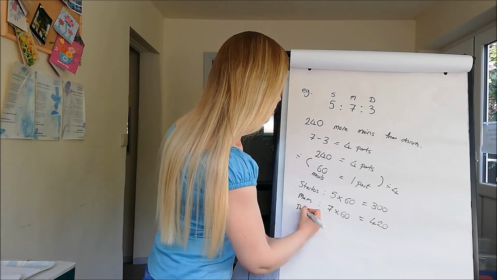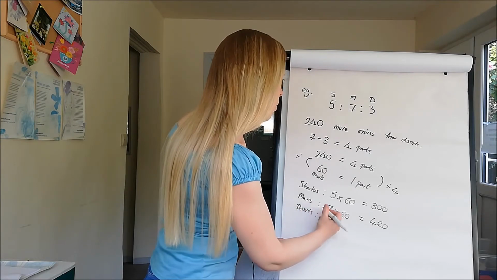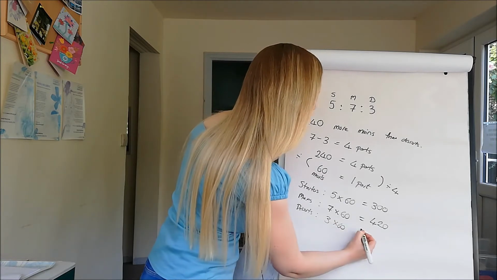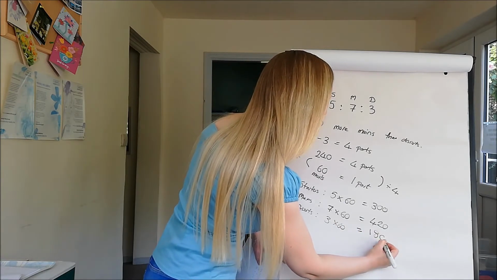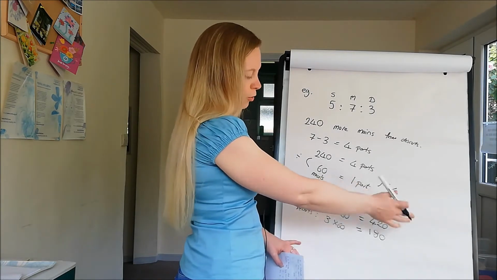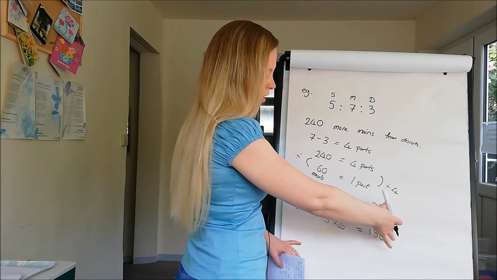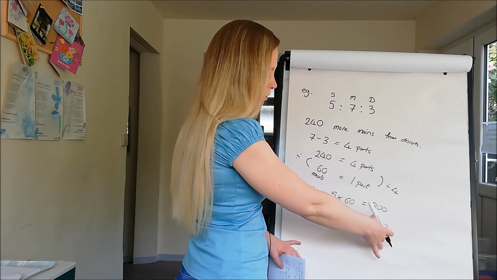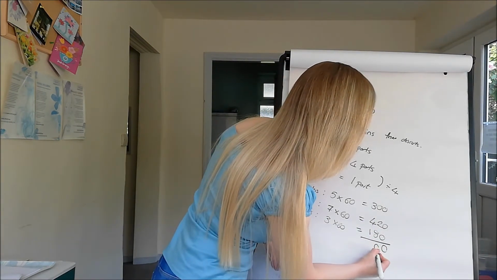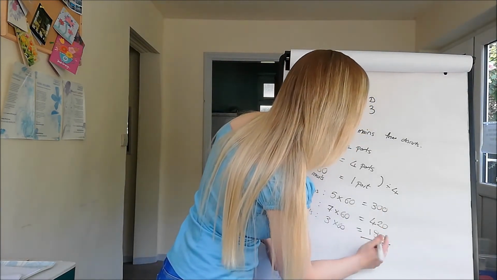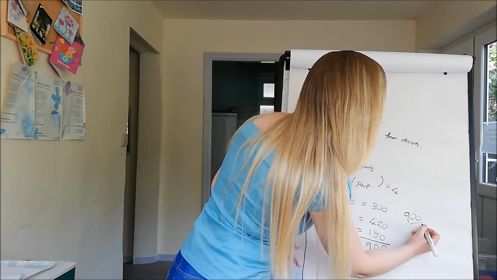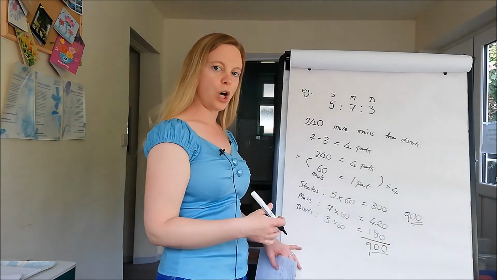And for the desserts, we have 3 parts being sold, which is 3 times 60, which is 180. So 300 starters were sold, 420 mains were sold, and 180 desserts were sold. So altogether, the number of meals sold, if we add all those up, is 900. So the answer would be 900 meals were sold.